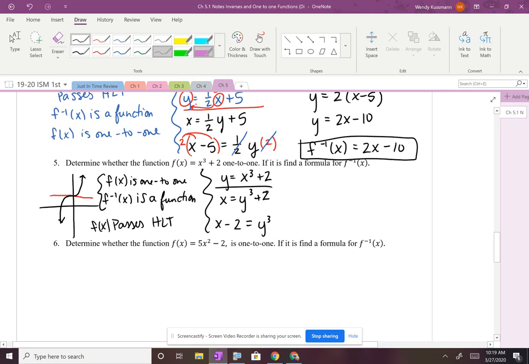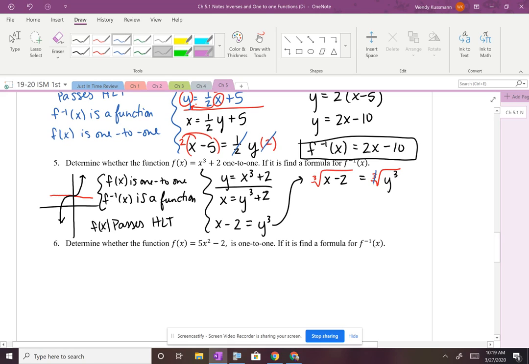Now we need to get rid of the cube. The opposite of a cube is a cube root. Remember, you do not have to put plus or minus for a cube root, only for even roots. So I'm going to cube root both sides. I have the cube root of x minus 2 equals the cube root of y cubed.